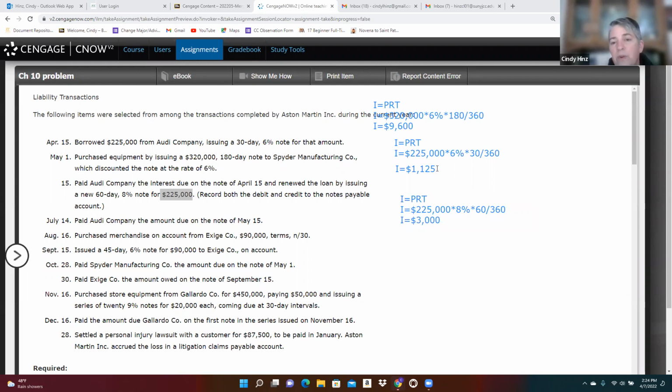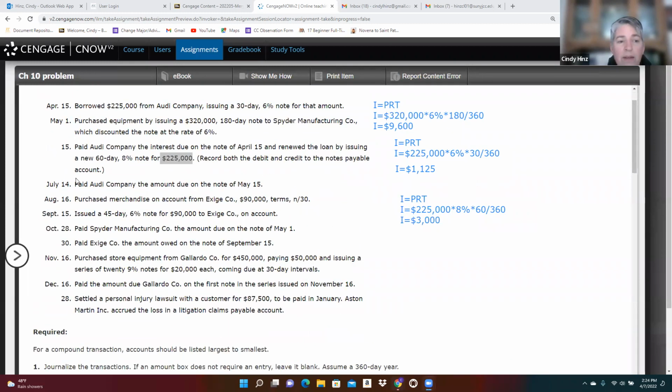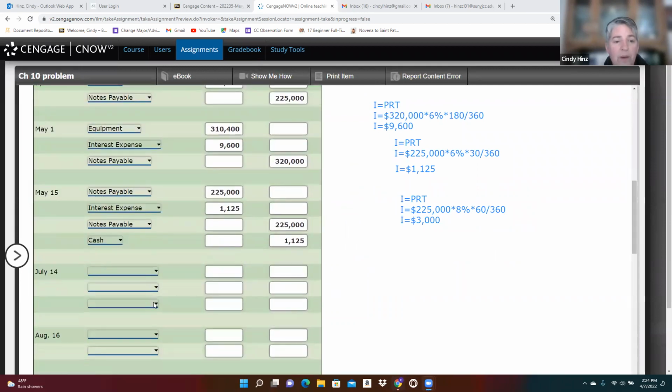So it's more than twice as much as the interest on the original note because the duration is 60 days rather than 30. It's twice as long, and the interest rate is also higher. And so now on July 14th, we are going to pay the full amount that is due.